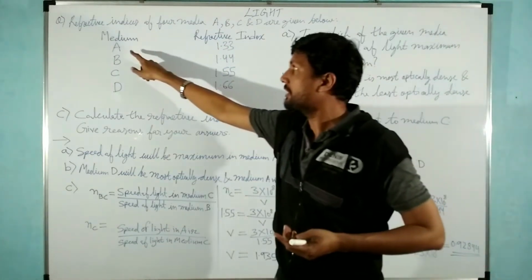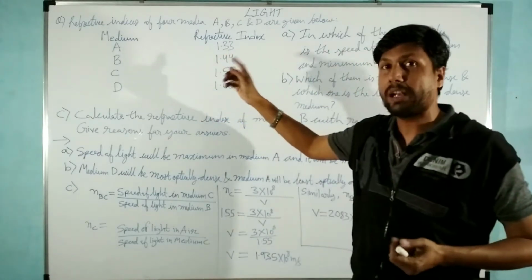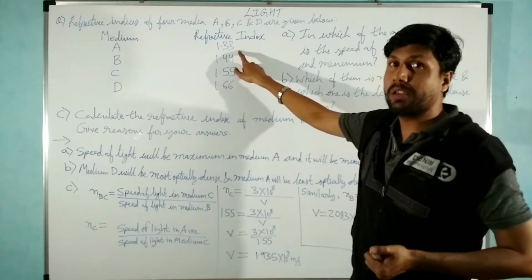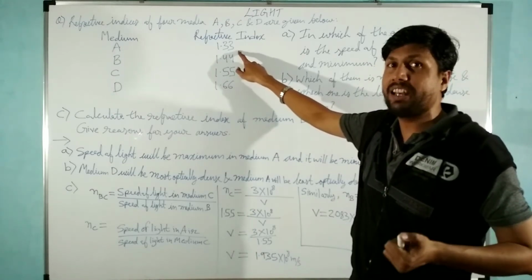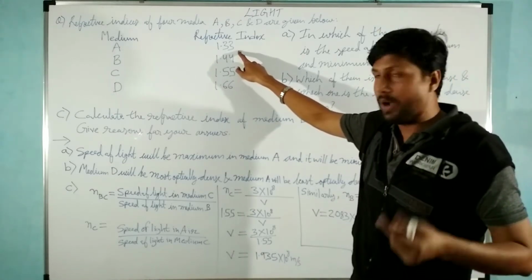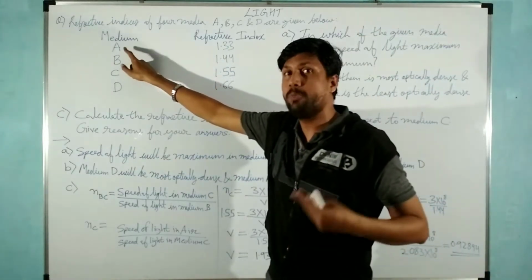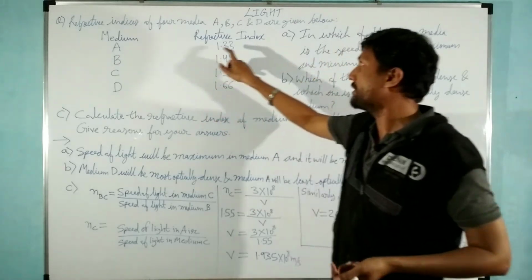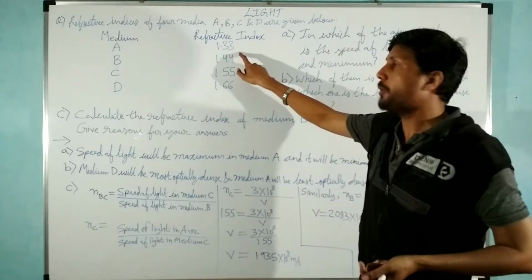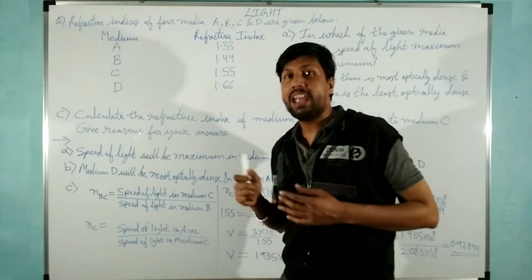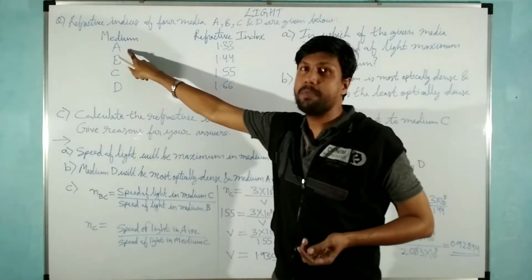This is absolute refractive index, so it is with respect to air or vacuum. It is the amount of bending of light while traveling from air to medium A. So 1.33 is the bending of light while traveling from air to this medium.